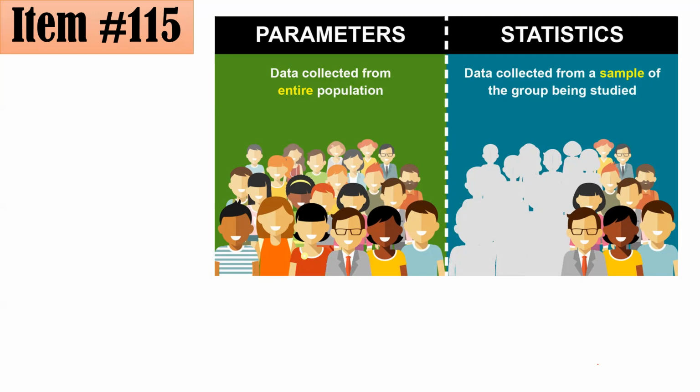However, if you have computed for the sample, standard deviation or mean, basta galing sa sample, then yung na-compute mo ay tinatawag nating statistic. Para hindi po kayo ma-confuse, PP, population parameter, SS, sample statistic.